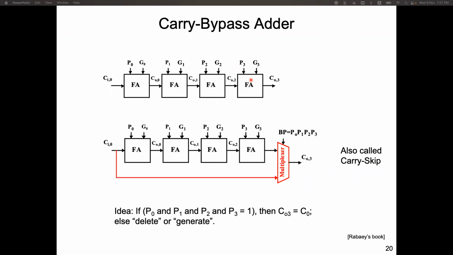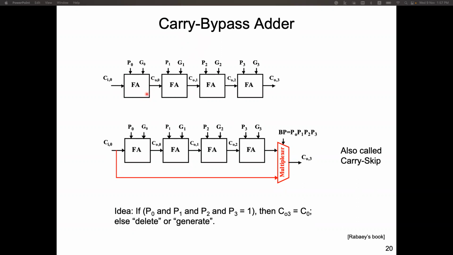Now, let me show you the first fast adder topology. It's named the carry bypass adder. Now let's consider one stage of a carry bypass adder.